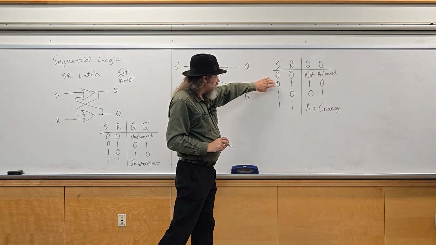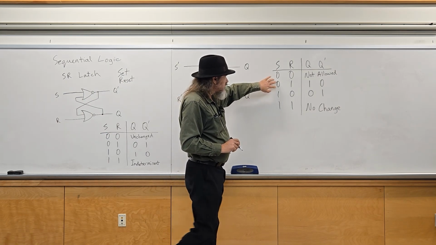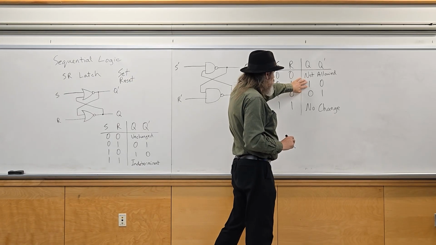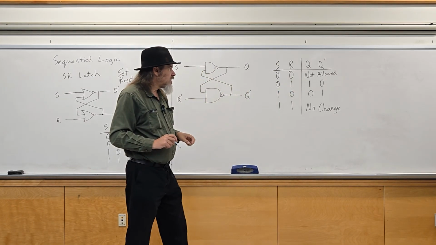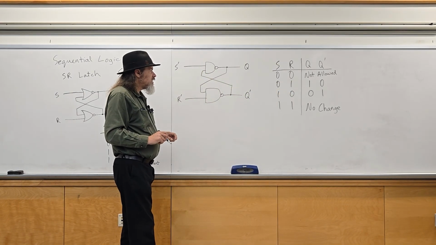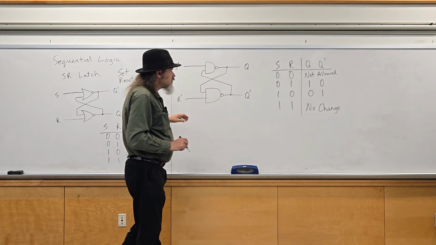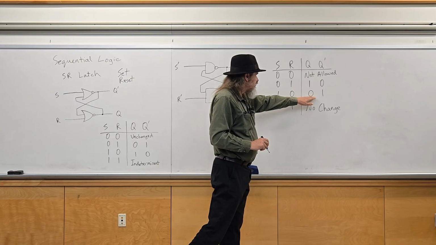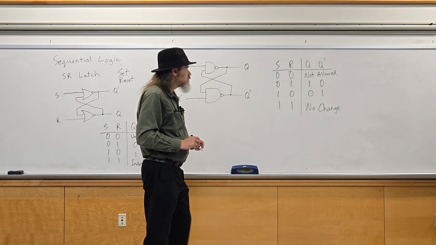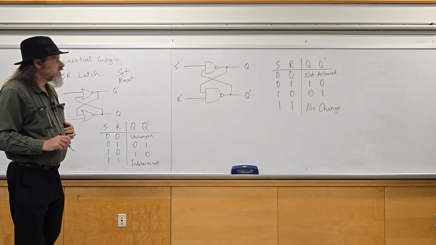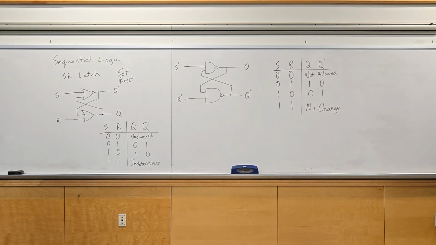A 0 on the set will set the output Q to 1. A low on the R prime will reset Q to 0. But again, you still have the not allowed state. In this case, 0, 0 is not allowed. It is the indeterminate state.